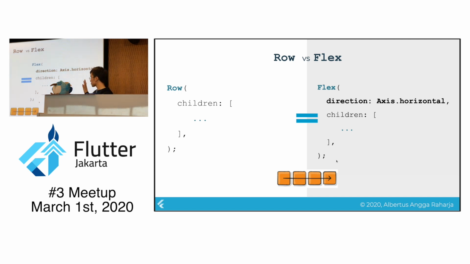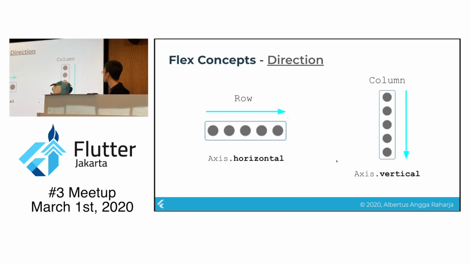So you have to change the direction based on the available screen size. It's not new. Since Flutter for web is now beta, probably you will need to use flex, but most of the time you don't have to use it. You just have to use row or column. So that's all about the flex concept.